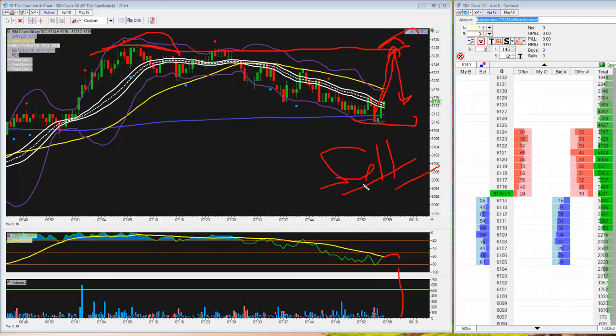That's one of the possibilities today. Or it could run up to pivot. Pivot's located up there, today at 61.50, so we're 20 ticks away from it. So we'll see.